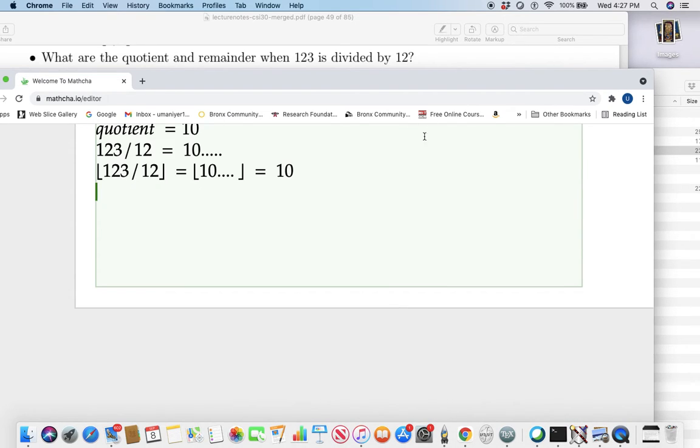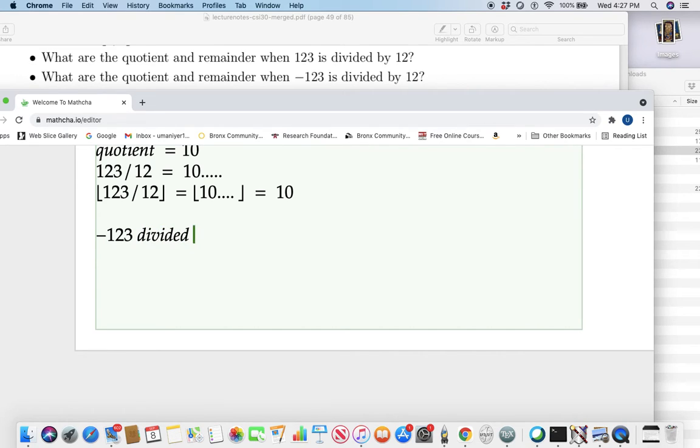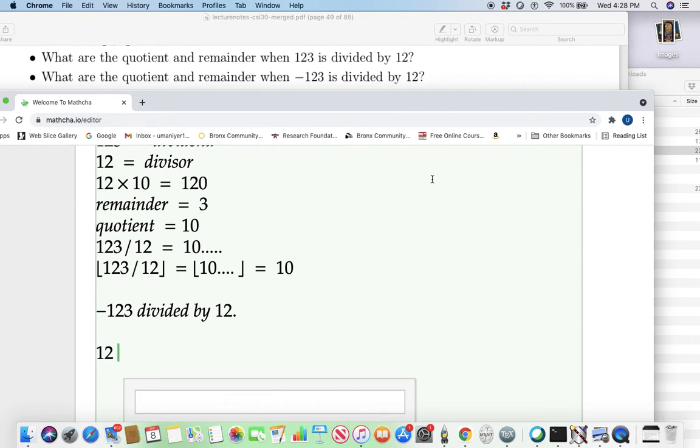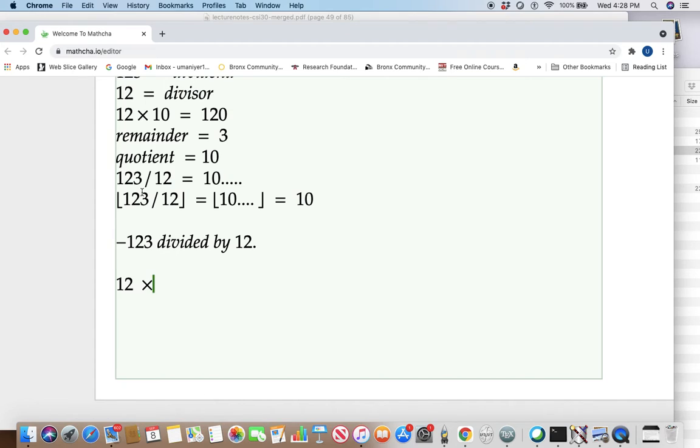How about the next example, negative 123. Now you have to be careful, divided by 12. Well, ideally I would like to say, hey, 12 times negative 10, I'm just copying the previous situation.